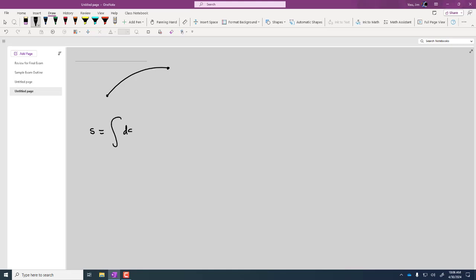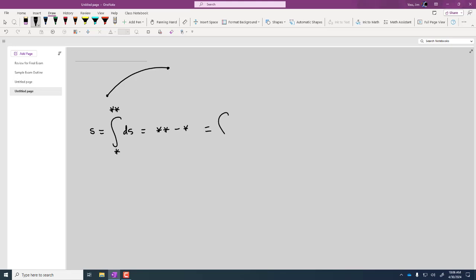If you were so lucky to have a curve with a little tape measure bent on it, it would be super simple. This integral would just be the double star minus the single star. But these are s values, and we don't have the s values, so we can't do that.